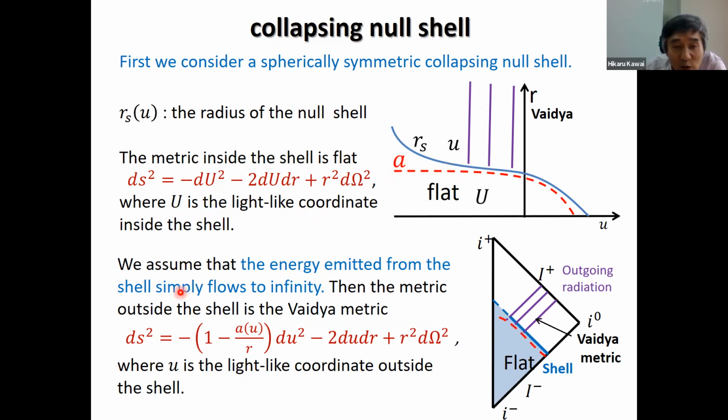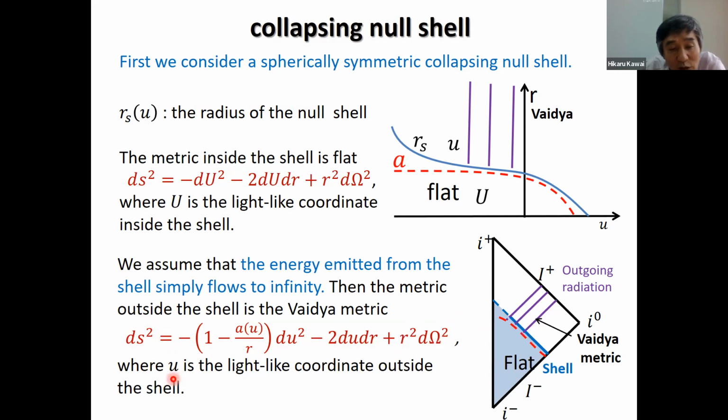And we assume that the energy emitted from the shell simply flows to infinity, like this. So then the metric outside the shell is the outgoing Vaidya metric. The metric outside the thin shell can be written like this: ds squared is minus (1 minus a(u) divided by r) du squared minus 2 du dr plus r squared d omega squared.